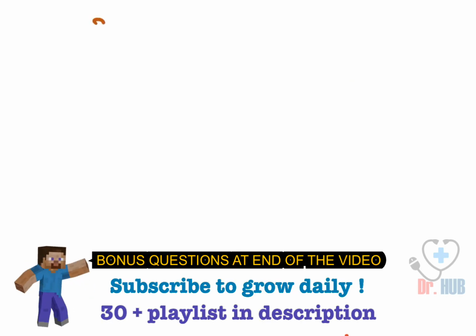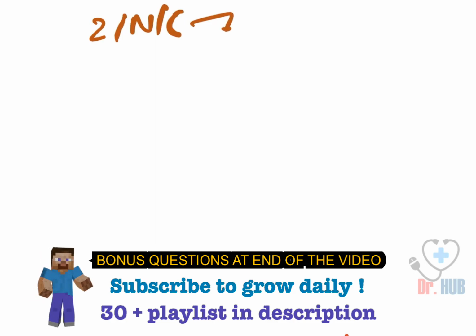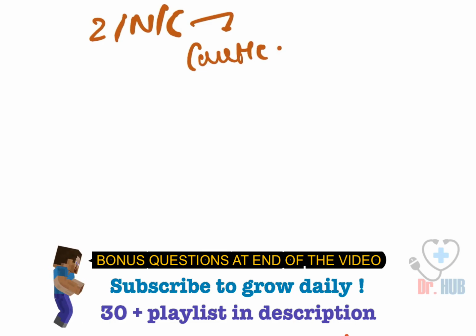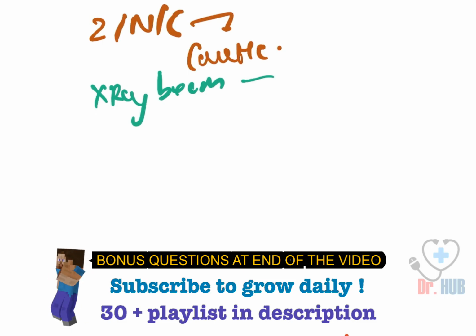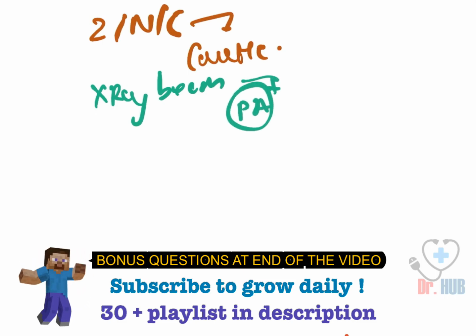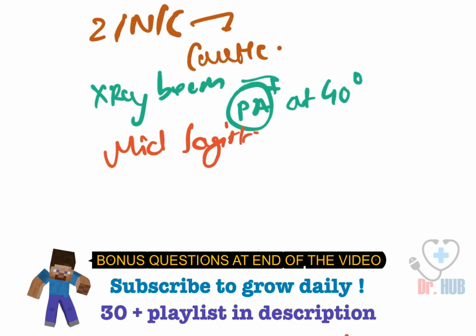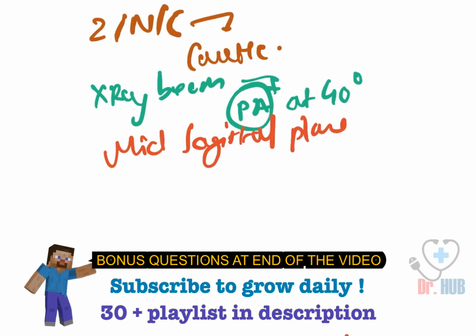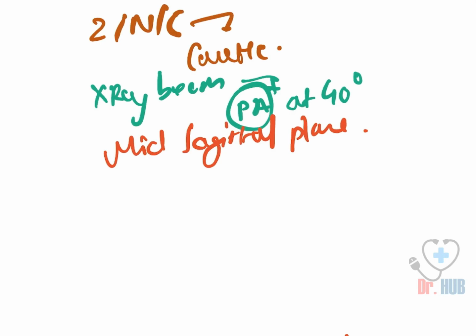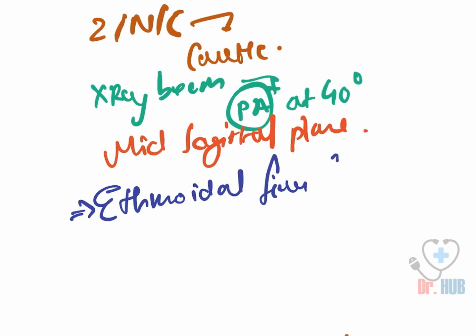Next, the X-ray beam is directed posteroanteriorly at 40 degrees to the mid sagittal plane. What is seen in this is the ethmoidal sinus, which is the main one.